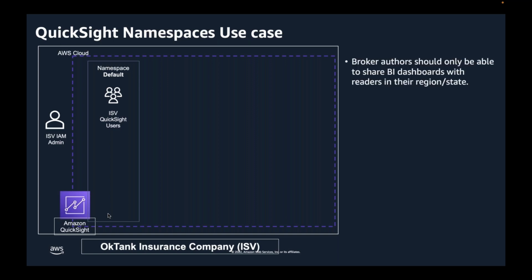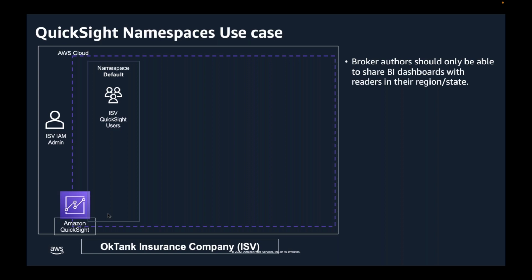Now these brokers who are part of each state, like brokers in California, brokers in Florida or Washington or all other states, they need authoring capabilities as well.